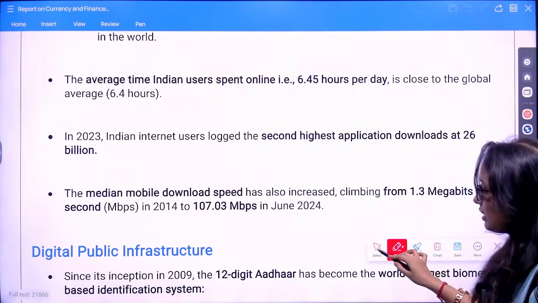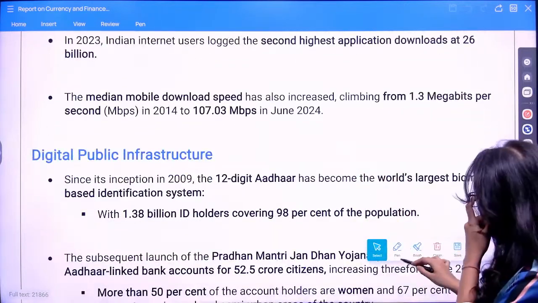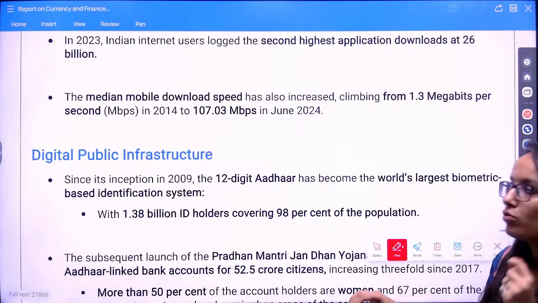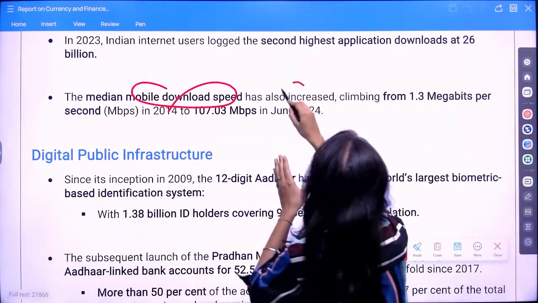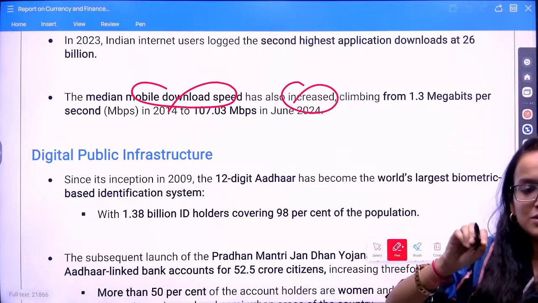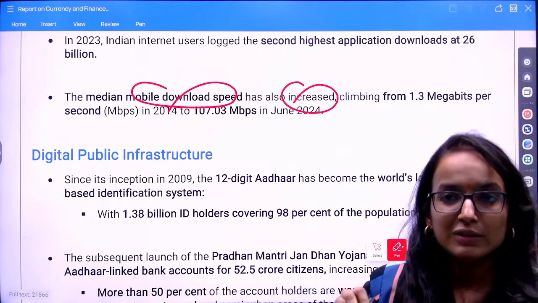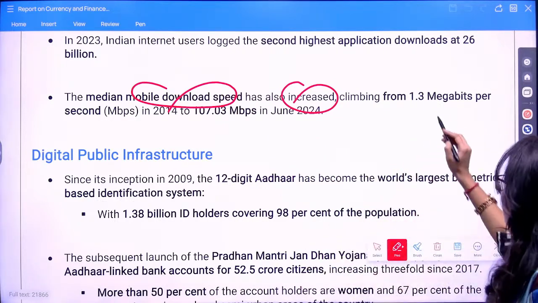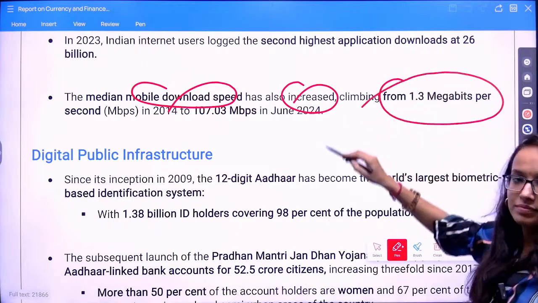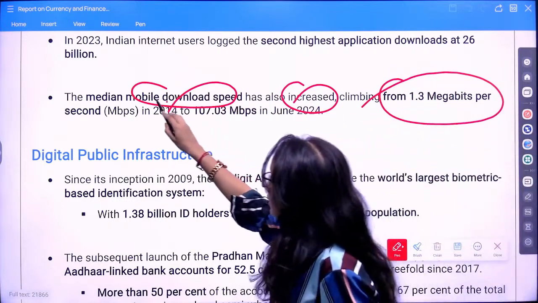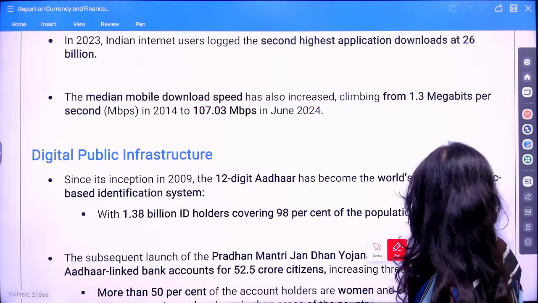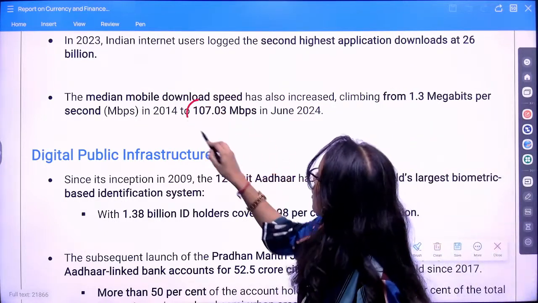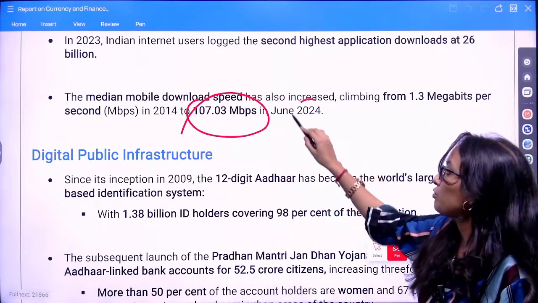Okay. Next thing, if you see, the median mobile download speed has also increased, climbing from 1.3 Mbps in 2014 to 107.03 Mbps in 2024.